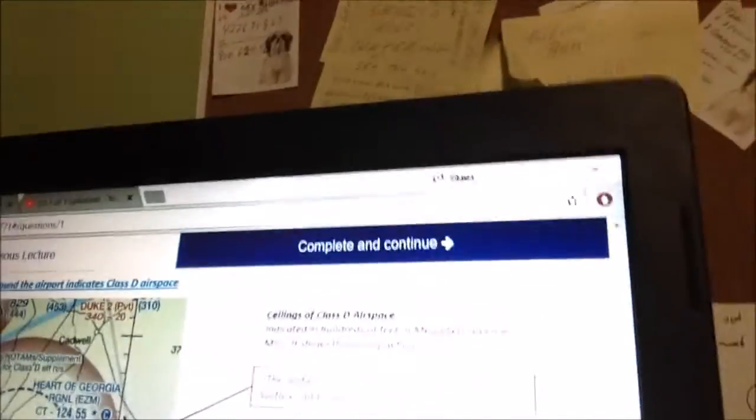Now the next one is E. The other thing is, if it is a D area, you can see the little dashed circle that lets you know it is a Class D area of flight. And now, E class.